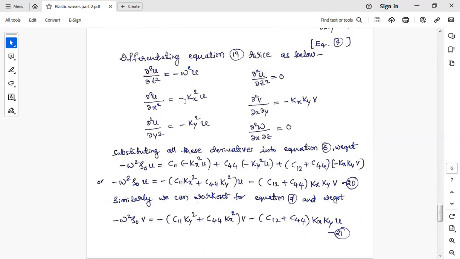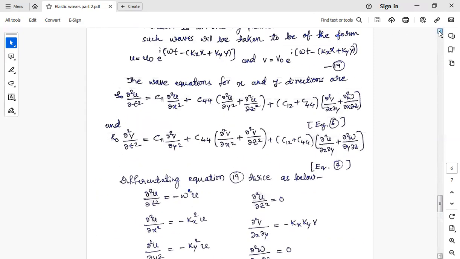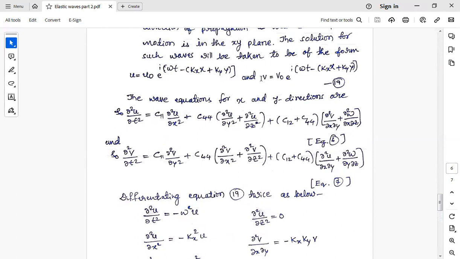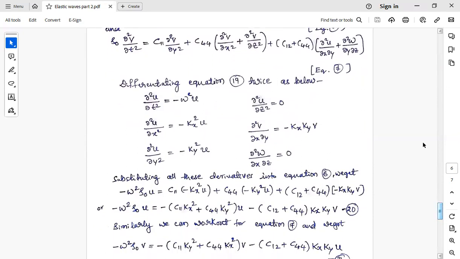And dou square u by dou x square is minus kx square u, because when you are doing this, y is treated as a constant. Similarly, dou square u by dou y square, x and time are treated as constants, and here y and time are constants, so you are getting only this much.